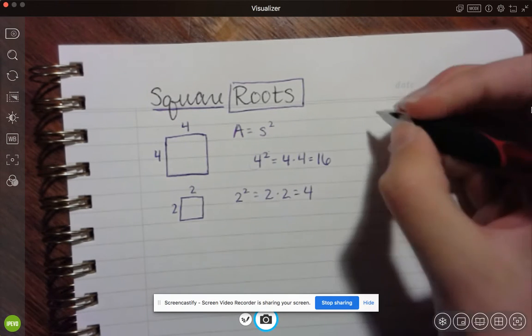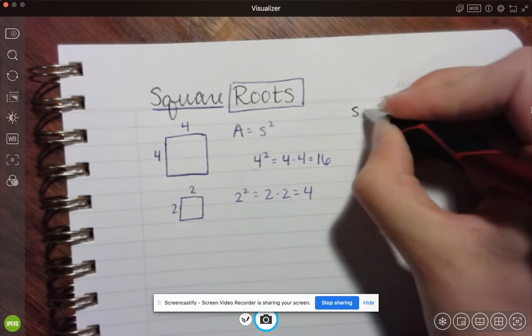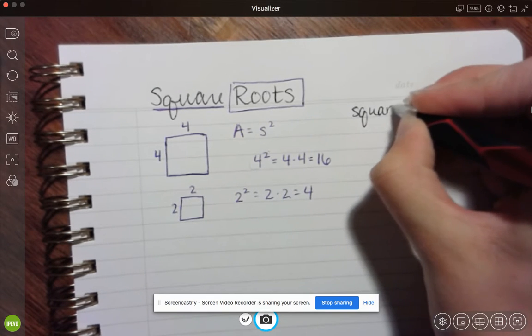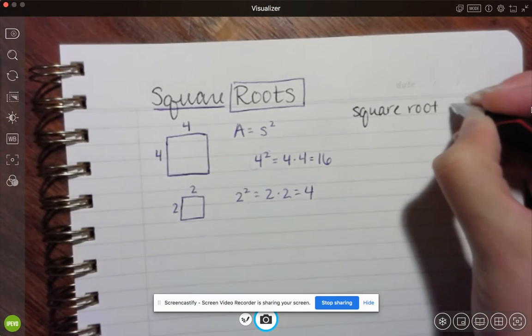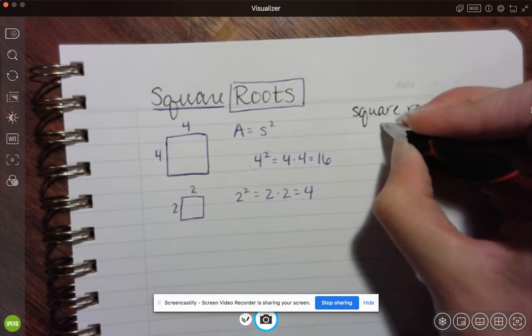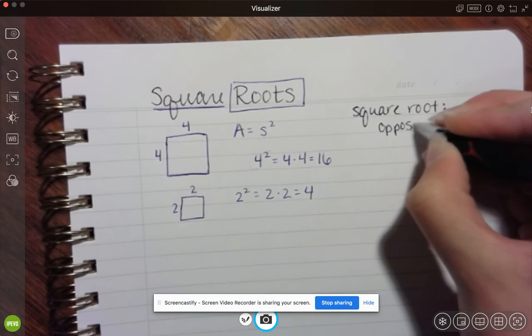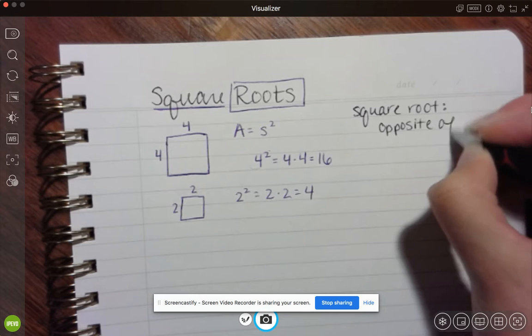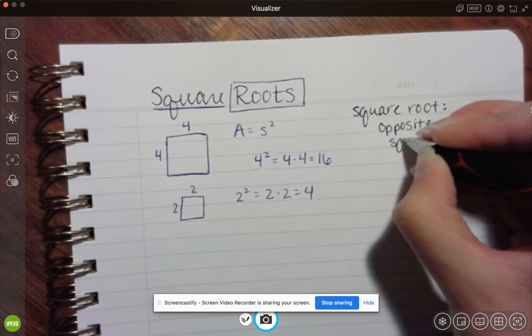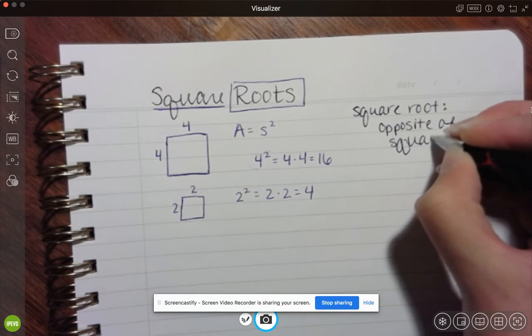I like to think of square roots, the way I think about it, is it's the opposite of squared. Whoops, my handwriting's getting bad.